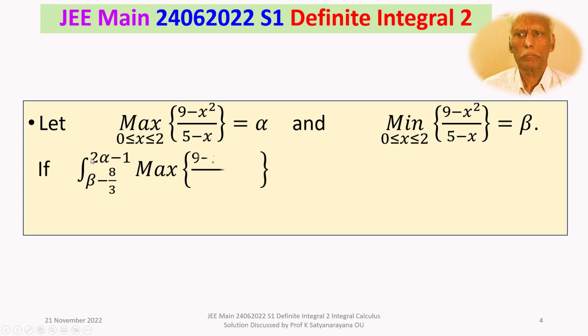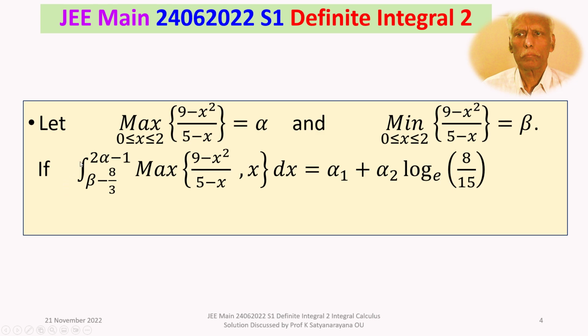If the integral from beta minus 8 by 3 to 2 alpha minus 1 of the maximum of (9 minus x square) by (5 minus x), comma, another function x, with respect to x is equal to alpha 1 plus alpha 2 log of 8 by 15 to the base e, then alpha 1 plus alpha 2 is equal to.